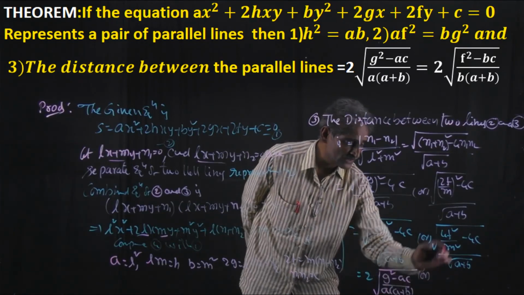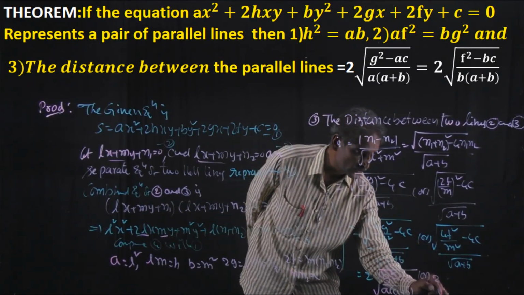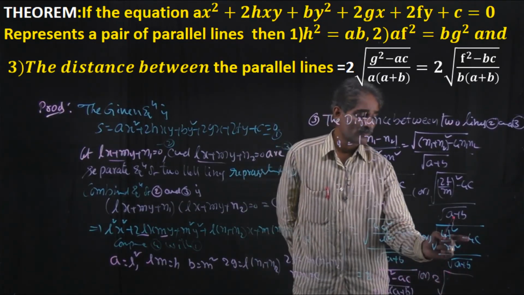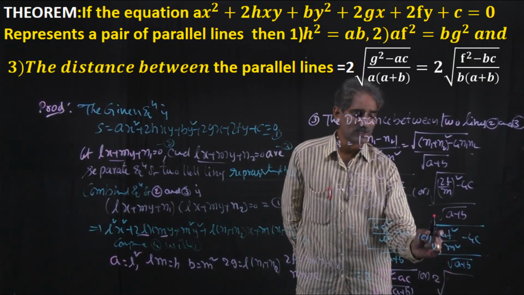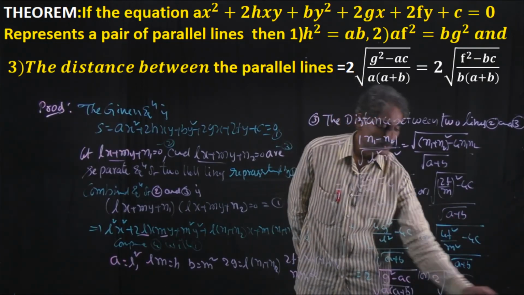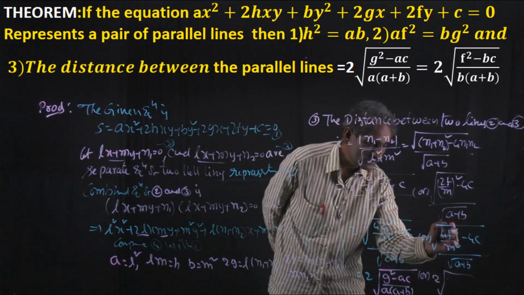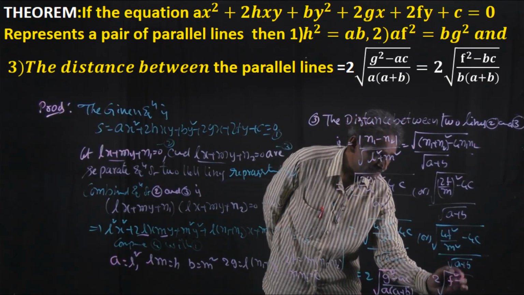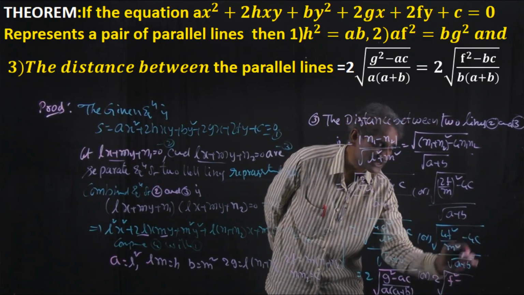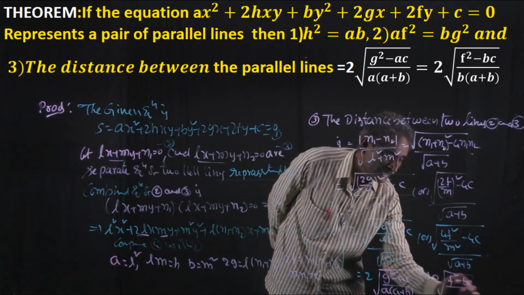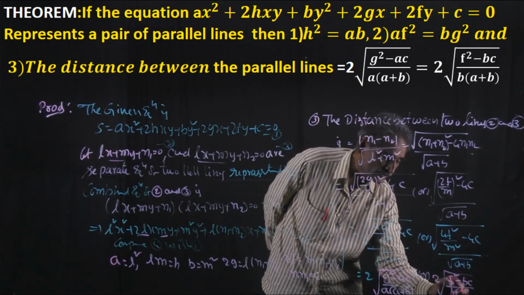Similarly, here also you can write 2 into, how can you get 2? 4 is there, just take common 4 and root 4 is nothing but 2. 2 into f square by m square means b, minus c by b, into a plus b.